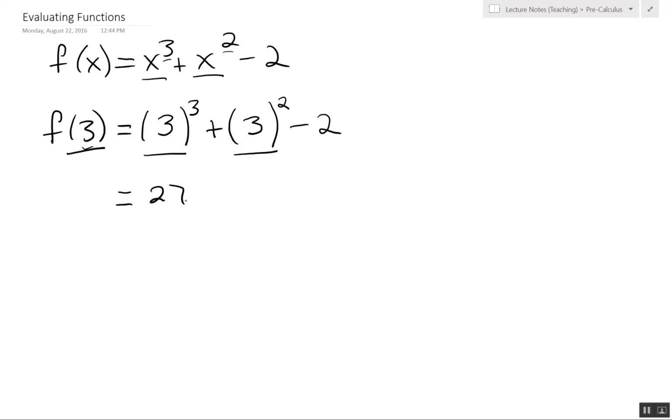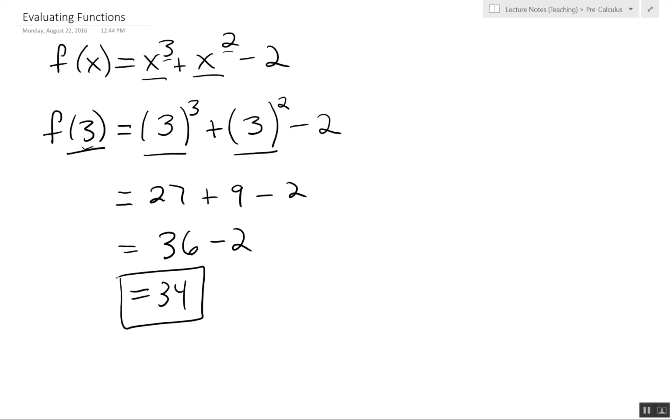Then we get 3 squared, which is going to give me a plus 9, and a minus 2 comes along for the ride. And then we simplify it, so we're going to get a 27 plus 9, which is a 36. Minus a 2 comes along for the ride, and we get that the answer is 34.